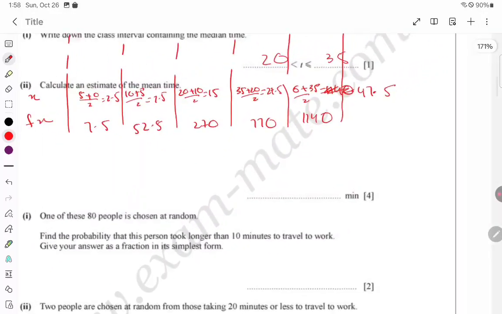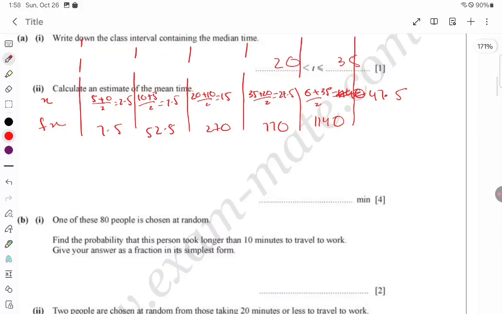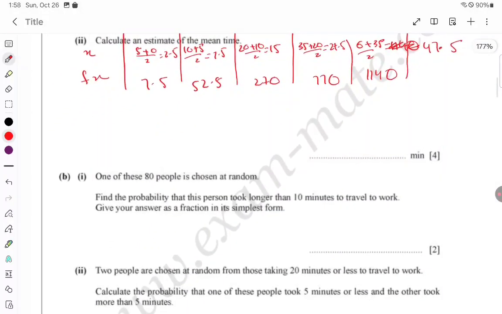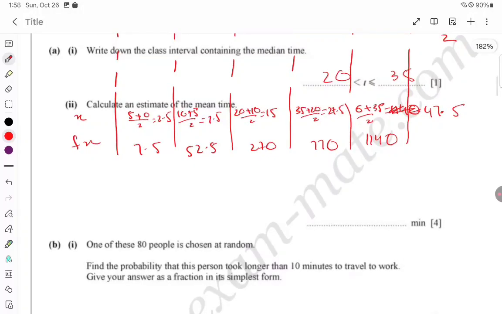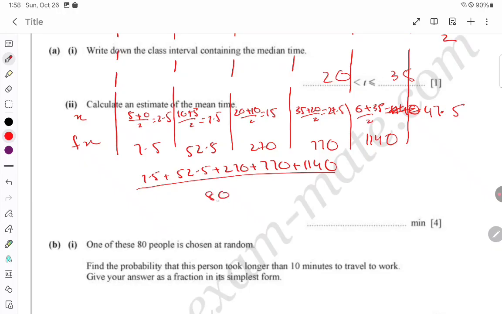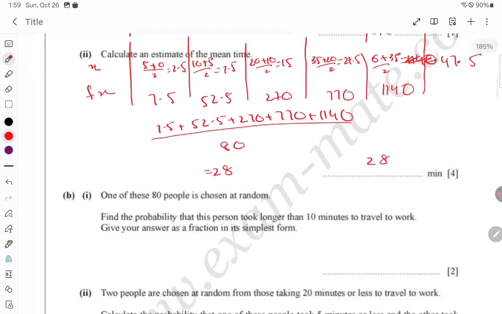Now, this is our table for the estimated mean time. Total mean is 7.5 plus 52.5 plus 270 plus 770 plus 1140 divided by the total number, which is 80. It will give you the answer of 28 minutes.